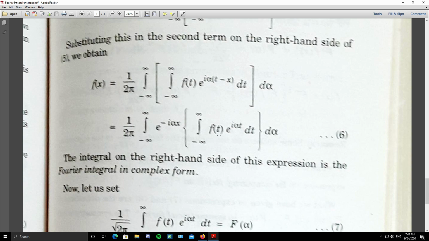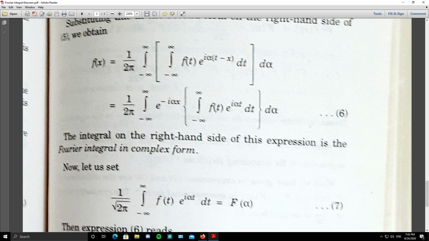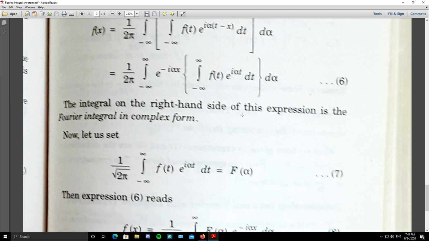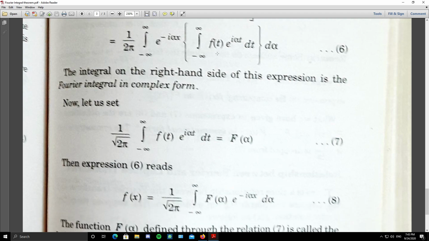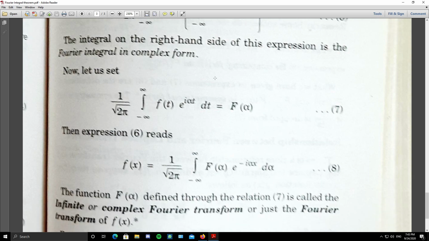So this inner bracket is called a Fourier transform. It is denoted by F of alpha, and the outer integral is called the inverse Fourier transform.